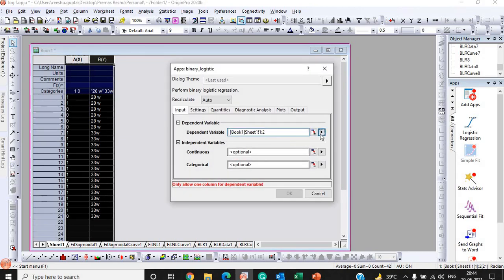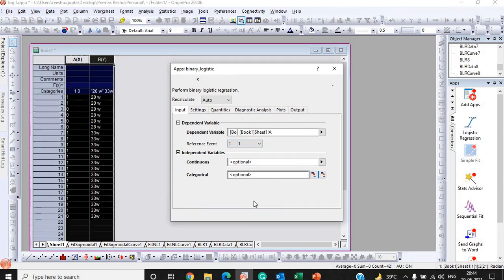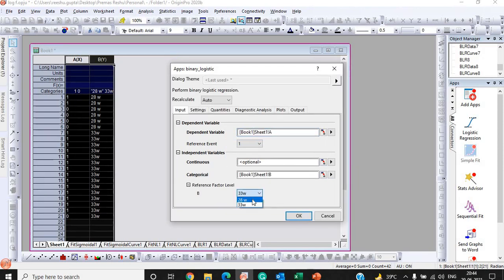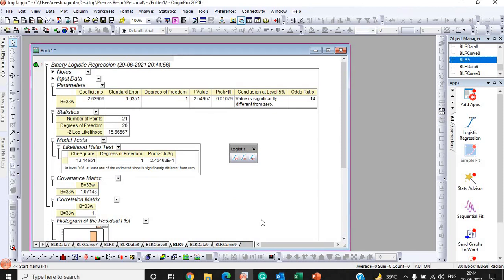If I change the reference event to 1, and the same thing, let's say I do the 28 weeks, you will see the odds ratio is high here when the reference event is 1.